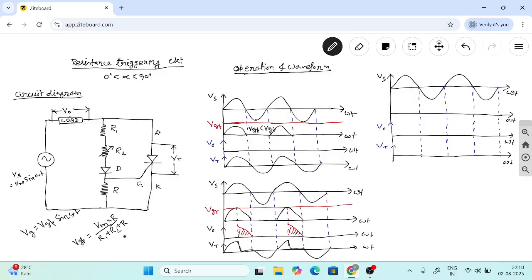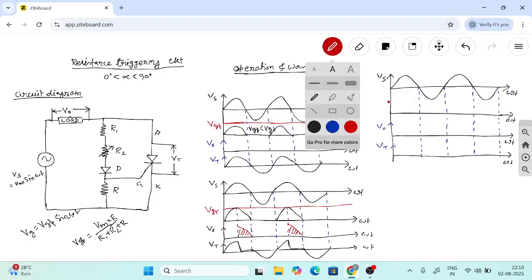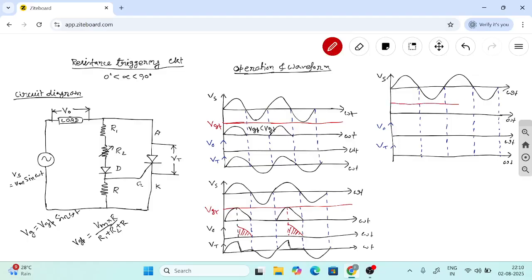And if we decrease the resistance further, R2 value decreases further, so the peak value across R, VGP, is greater than the VGT, gate triggering voltage. This is the gate triggering voltage. SCR will be turned on at this voltage.